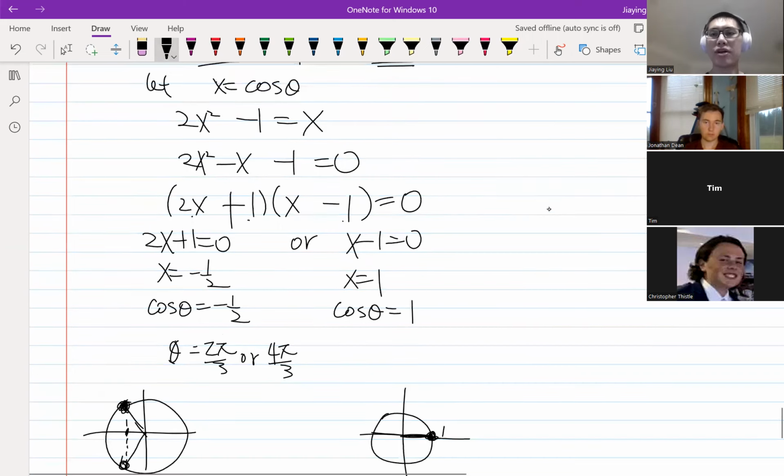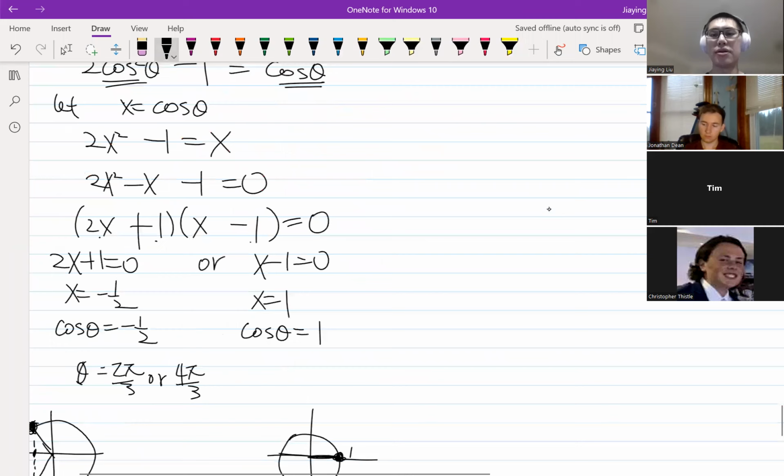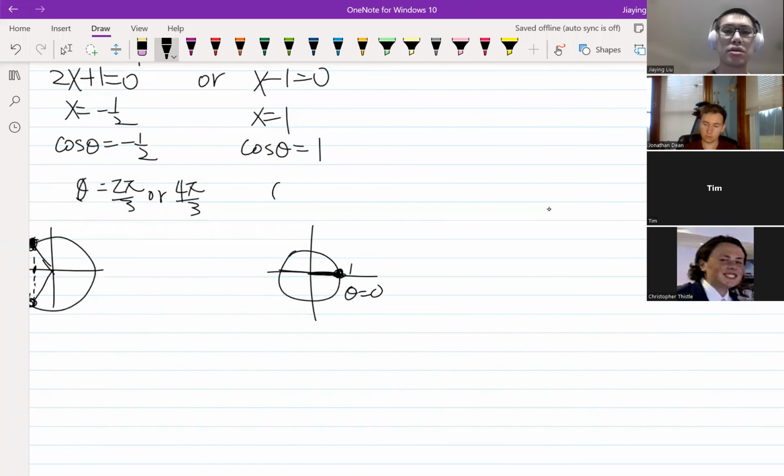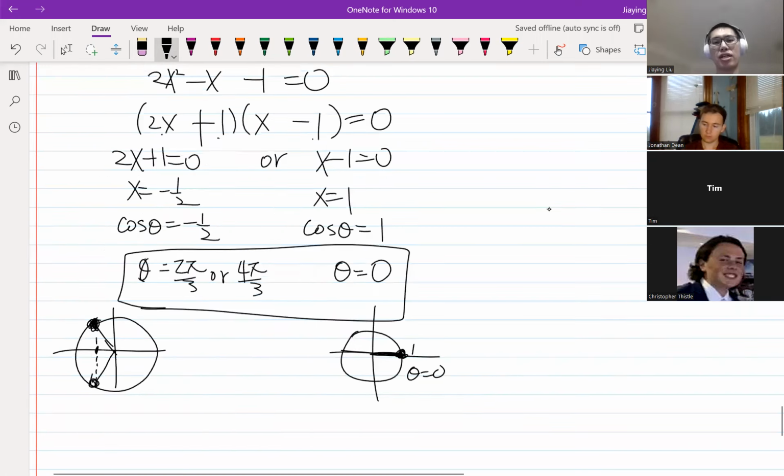Remember, the angle I'm looking for is from 0 to 2 pi, including 0 but not including 2 pi. So the only angle we have is going to be 0, because we're not including 2 pi. So those are the three angles that will satisfy the equation above.